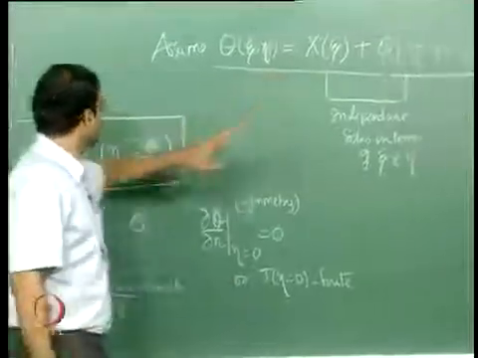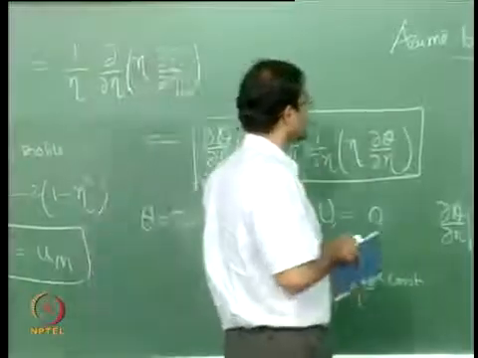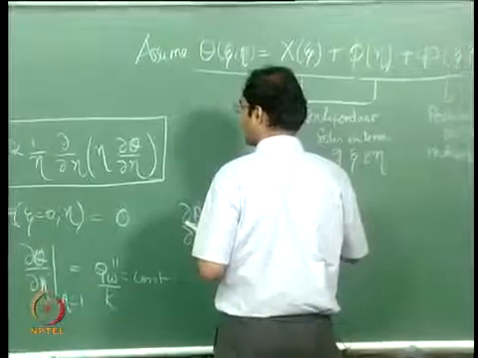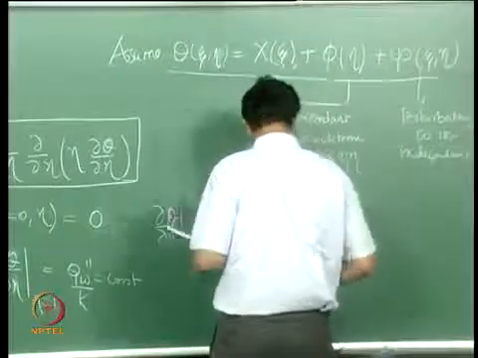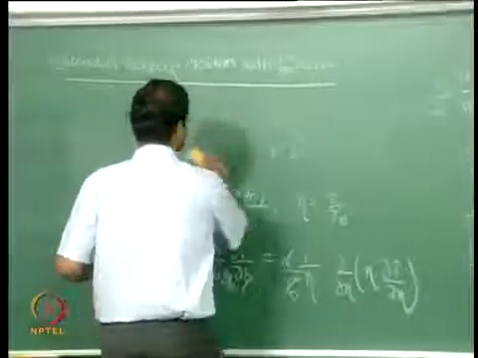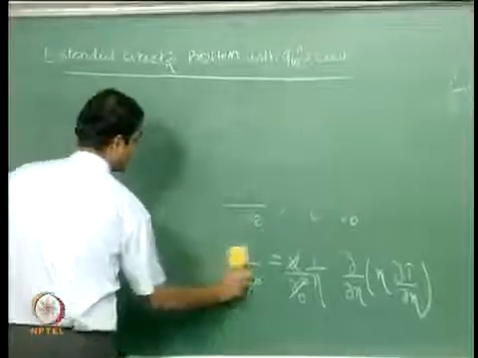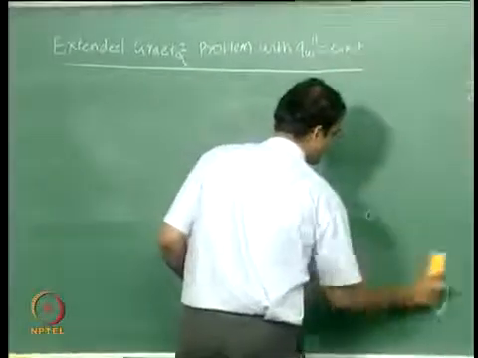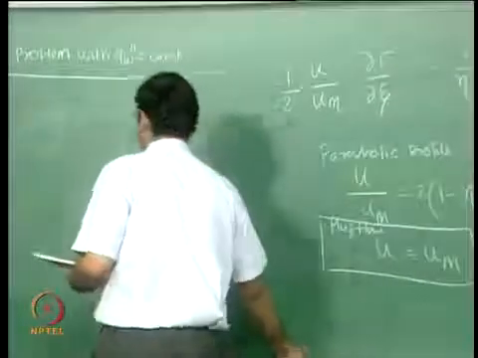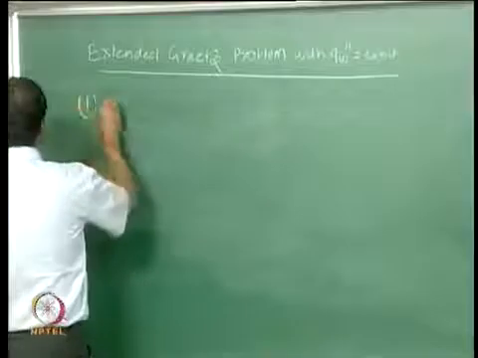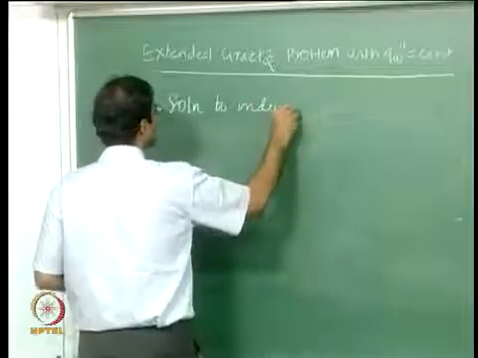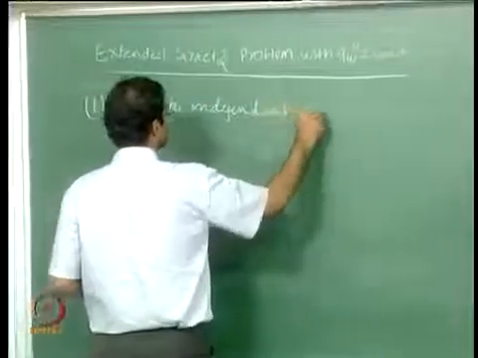Once you substitute this into the governing equation, you can separate this into two problems, one where you first look at only the independent solution, and the other where you look at the perturbation solution, and then finally add everything together. So the first part will be the solution to the independent variables.